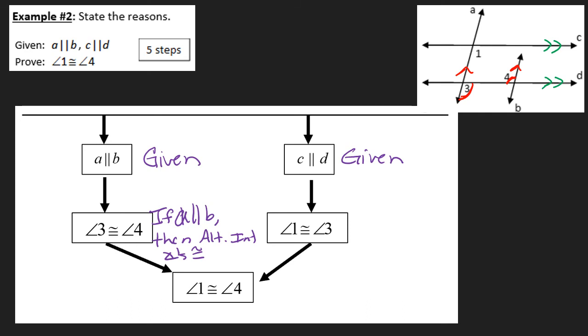So I'm going to go over to the process on the right, and I'm going to look at line C and line D. Line C contains angle 1, and line D has angle 4 right here. And when I look at angle 1 and angle 3, one of those angles is interior and one of them is exterior, and they are in corresponding locations.